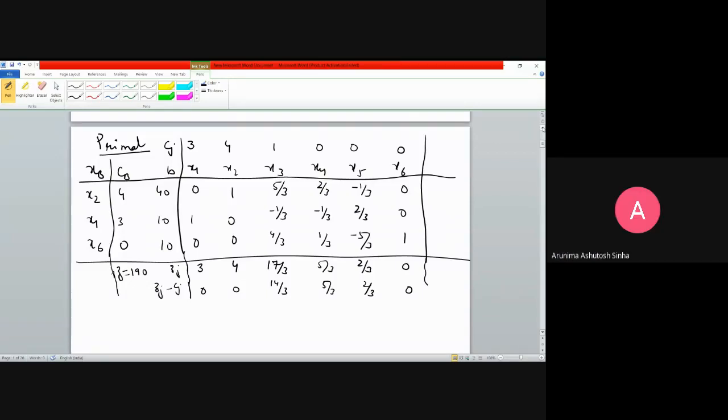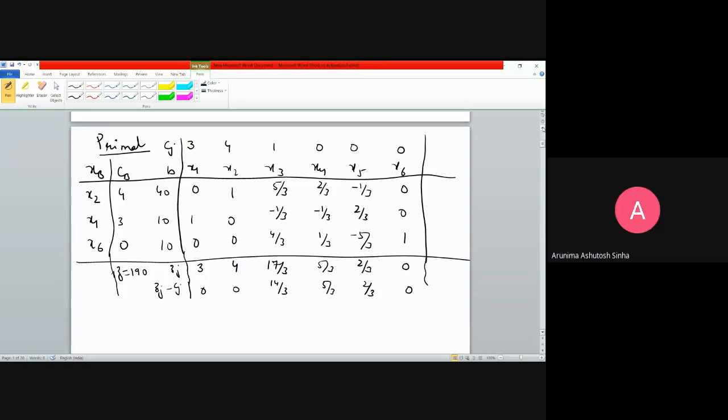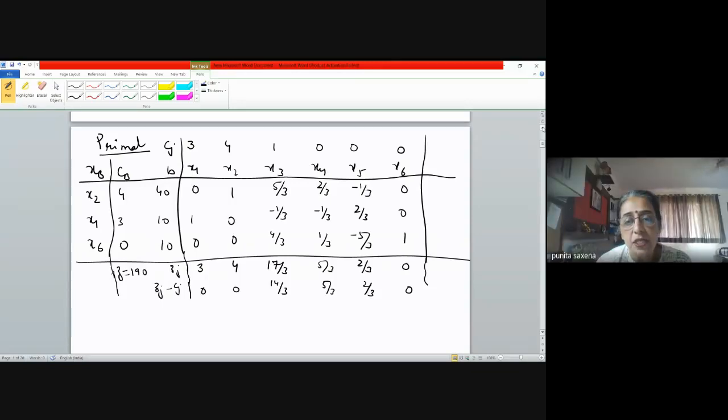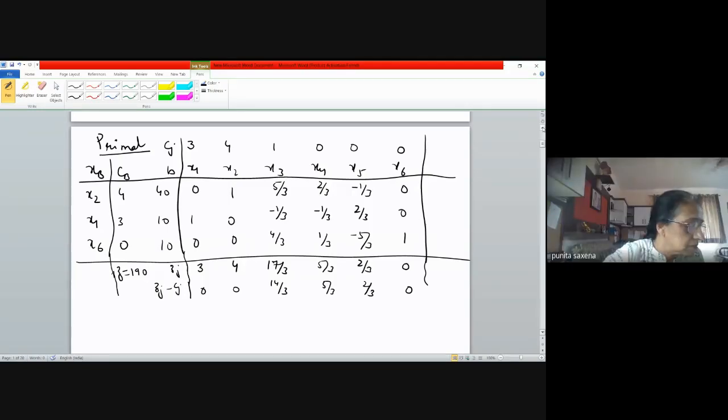Zj minus Cj of which variables? 10, 10. X3, X4, X5.